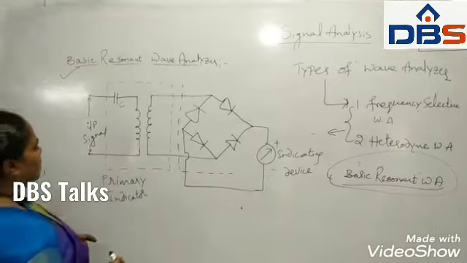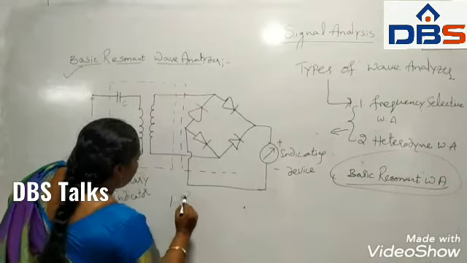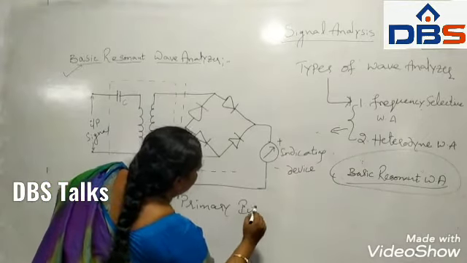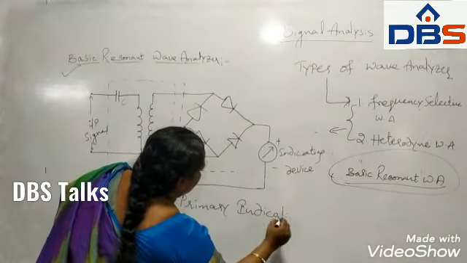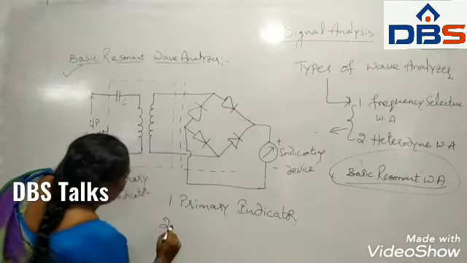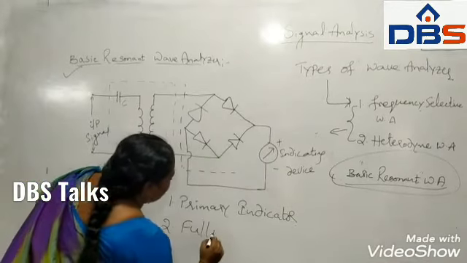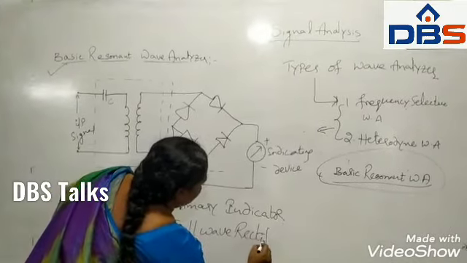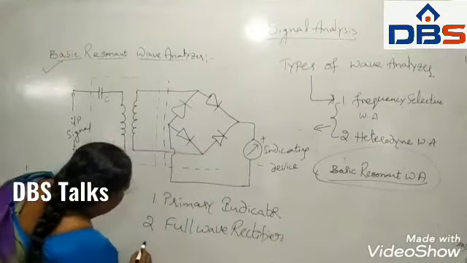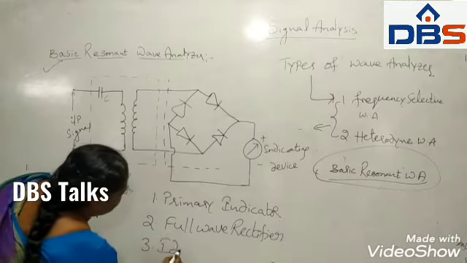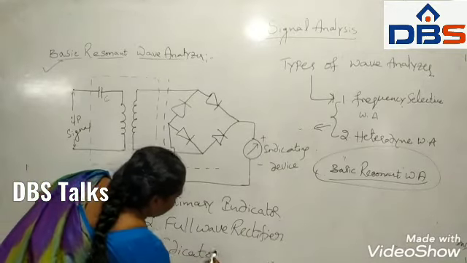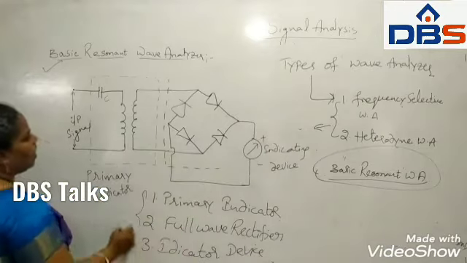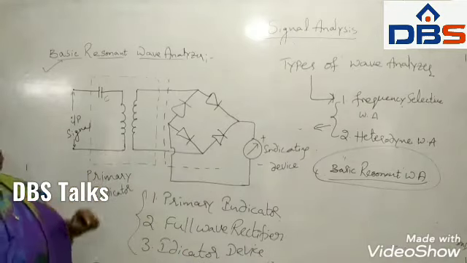In this block diagram, mainly we consider the primary indicator, the second one is the full wave rectifier, and the third one is the indicating device. These three are the main blocks of the block diagram.